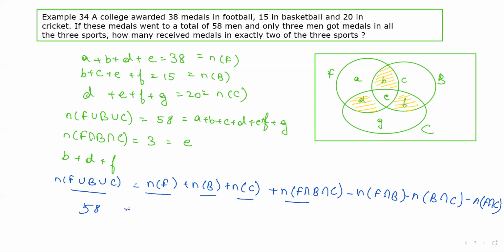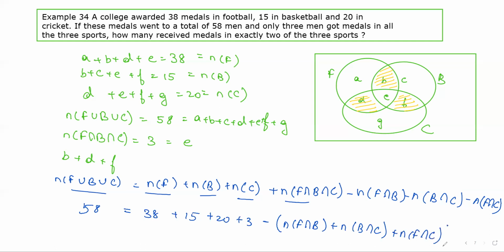58 is equal to 38 plus 15 plus 20 plus 3 minus N of F intersection B plus N of B intersection C plus N of F intersection C. So take the addition of these values, take 58 on the right hand side and subtract from it, and take all these values on the left hand side.